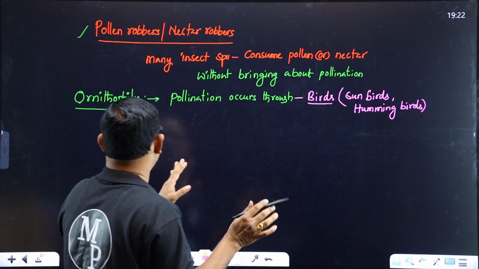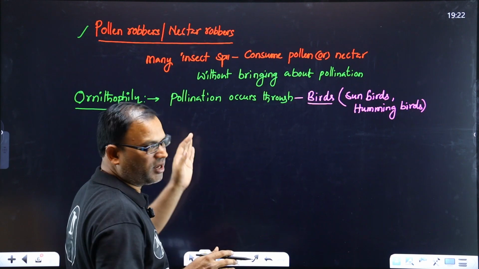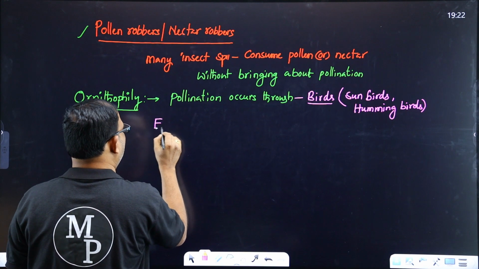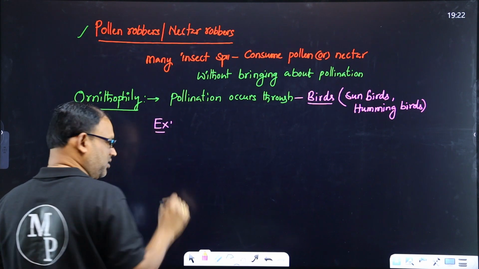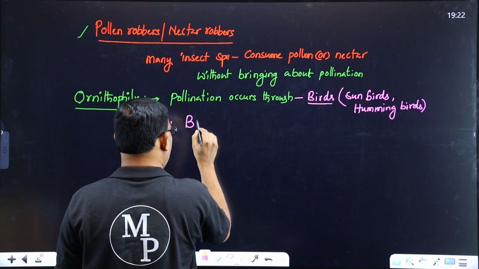So these are the types of birds involved in the pollination mechanism. The best example of ornithophily is Bignonia.